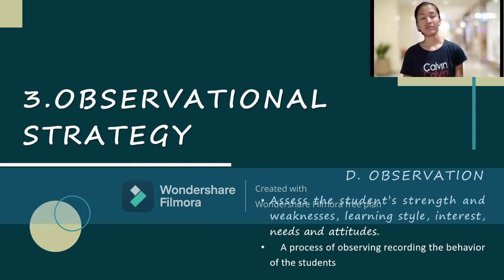If you talk about observation, it assesses the student's strengths, weaknesses, learning style, interests, needs, and attitudes. It is a process of observing or recording the behavior of the student.